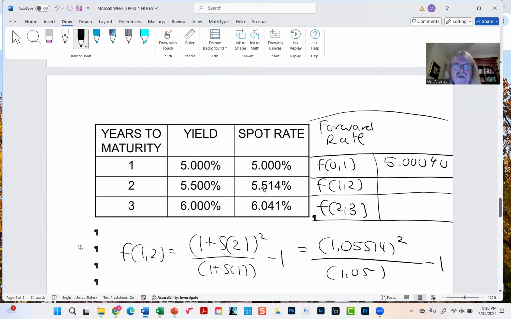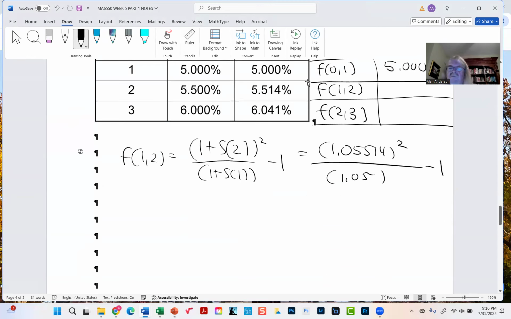Okay, so let's figure that one out. So it's about 6.03, or of course 6.03%.